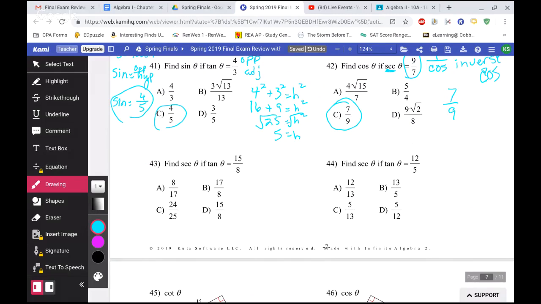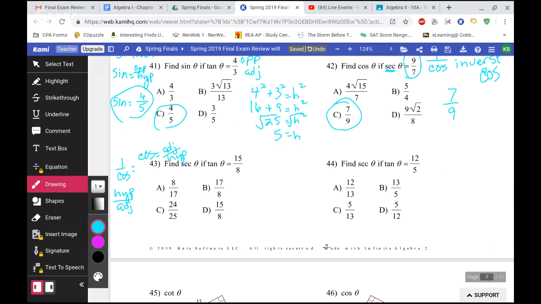43, for secant, remember that's the inverse of cosine. And cosine typically is adjacent over hypotenuse, right? So if it's the inverse, it's going to be hypotenuse over adjacent.